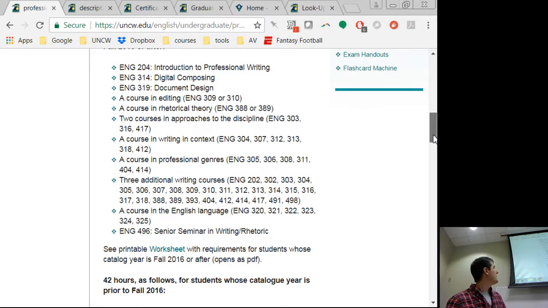You just want to make sure you're using the correct one. It'll tell you on your degree audit, of course, what your catalog year is, and there should be synchronicity between what you see in your degree audit and your worksheet. If there are discrepancies there, you might check and just make sure you're looking at the right one. If there are still issues you don't know about, just contact your instructor, because quirky things happen.